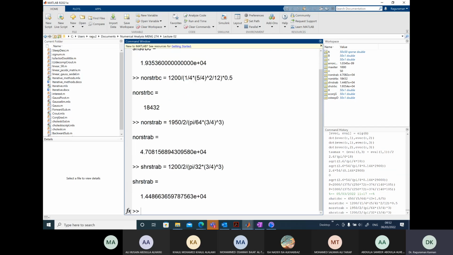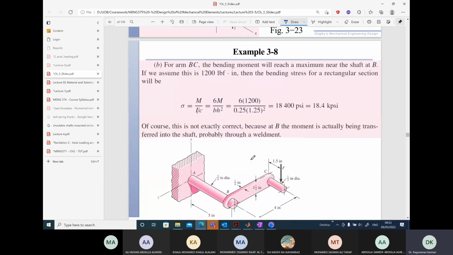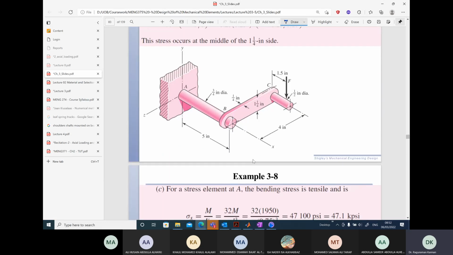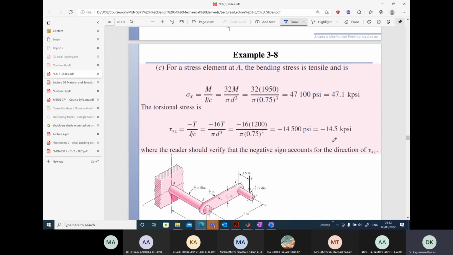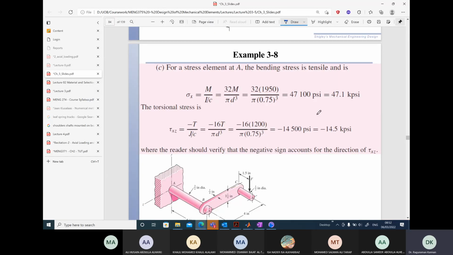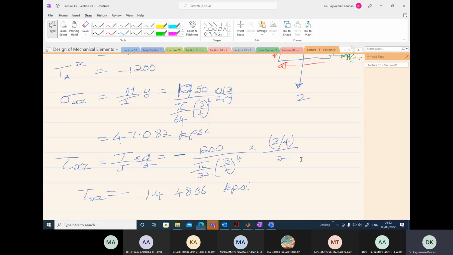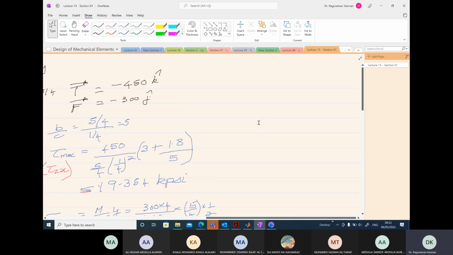We get 14.4866. Let's check the calculations if they are right. Go to C. We get negative 14.5 and 47.08. In the previous case, I think we did not take care of the sign of the shear stress in particular.